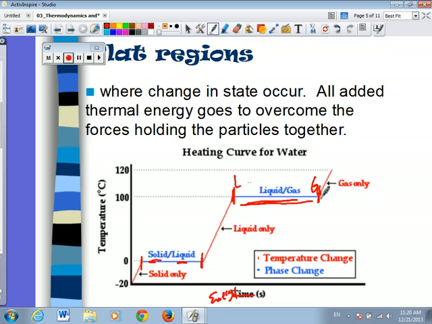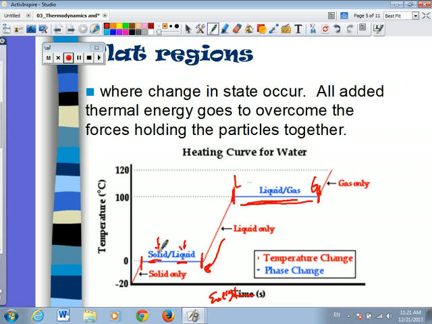Just the opposite is true as well. If you're going from a liquid to a solid, say from water to ice, going down this way, you start to freeze. That entire sample has to change over from a liquid to a solid before it will start decreasing in temperature again.